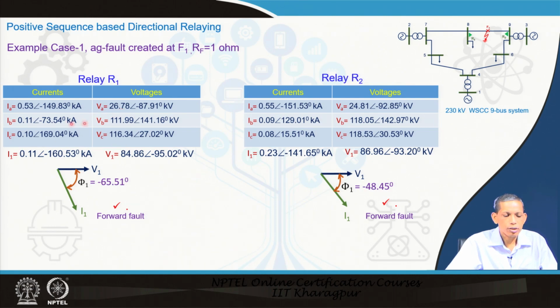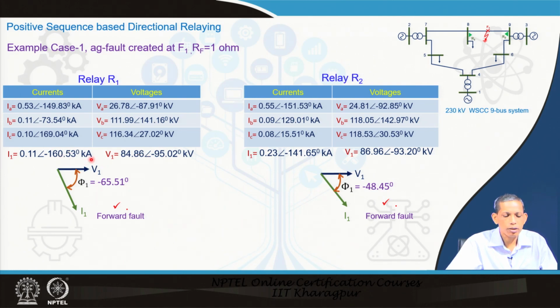Based on IA, IB, IC, I1 and using VA, VB, VC, V1 is computed. So, we got the corresponding angles here. Now, what you need is the angle of I1 minus the angle of V1, which will be the corresponding phi 1 angle. So, angle of I1 is minus 160.5 and angle of V1 is minus 95.